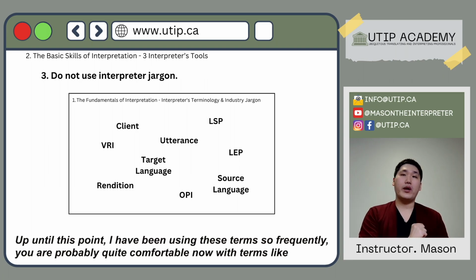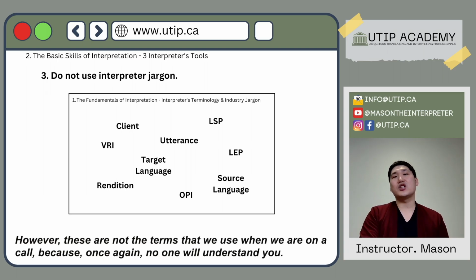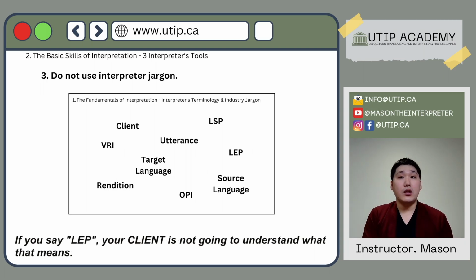Up until this point, I have been using these terms so frequently, you are probably quite comfortable now with terms like LEP, utterance, short or source language. However, these are not the terms that we use when we are on a call, because once again, no one will understand you. If you say LEP, your client is not going to understand what that means.